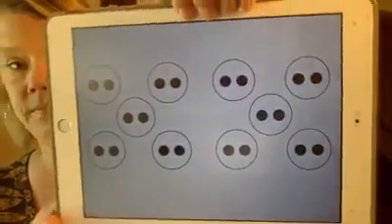Here we go. Remember, looking for the factors and the product. So 10, 2, what's the product? 20, good. One group of 3 is 3, not 5, 3.